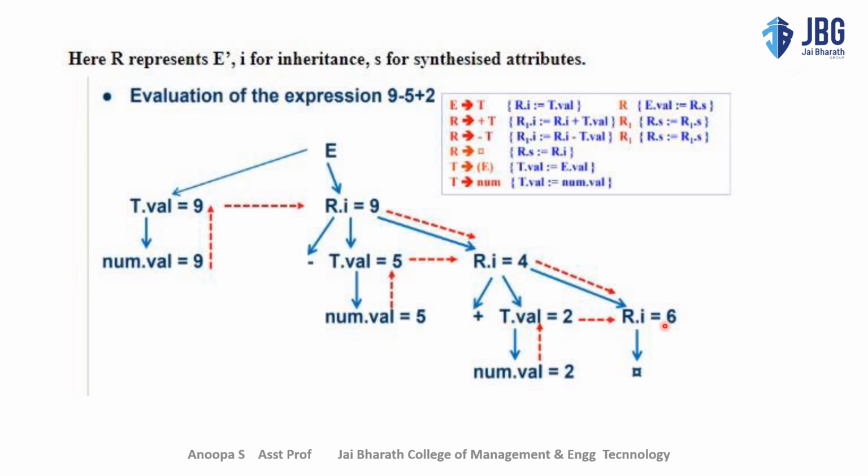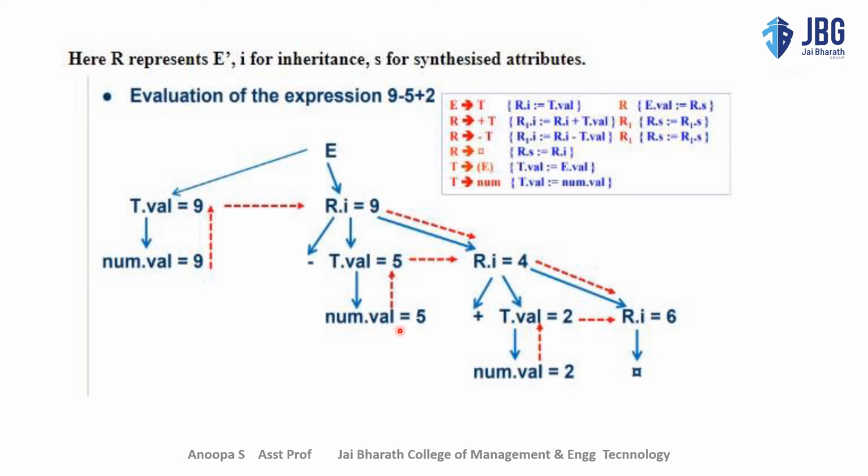This is by using the grammar after eliminating the left recursion. Now, this is a flow of how the variables are evaluated. So starting from top to bottom. Now this num dot val equal to 9. So this is passed to T val and this is passed to R dot in.